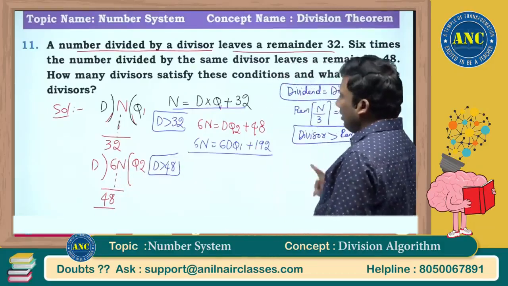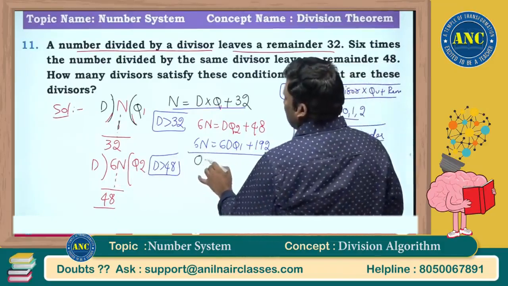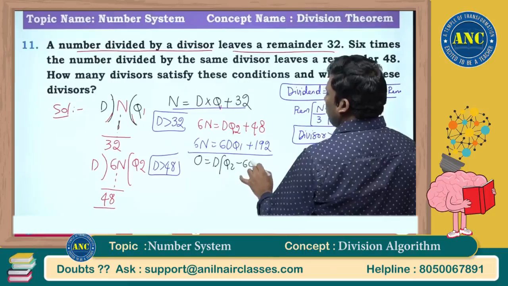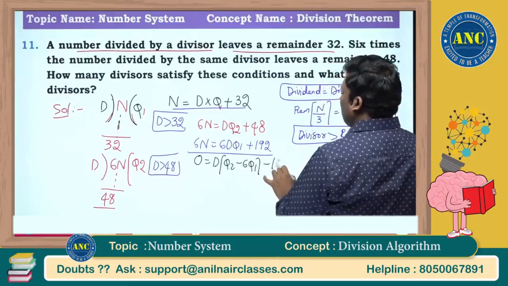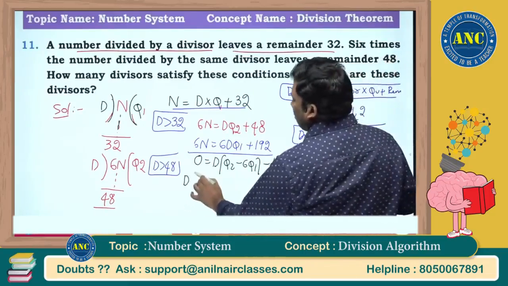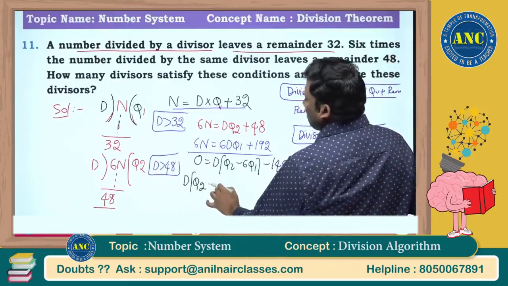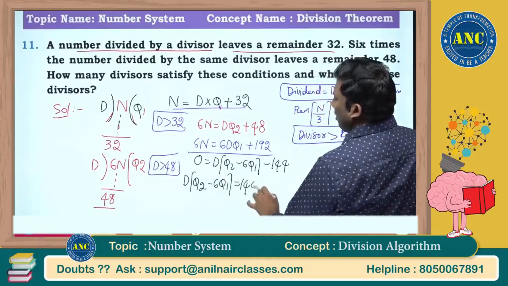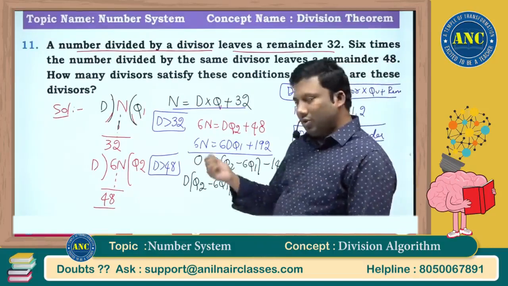Subtracting the first from the second, why unnecessarily get into a negative value? Now listen carefully. 6n minus 6n is 0. d into (q2 minus 6q1) equals 48 minus 192, that is minus 144. I hope it is clear. So d into (q2 minus 6q1) is equivalent to 144.